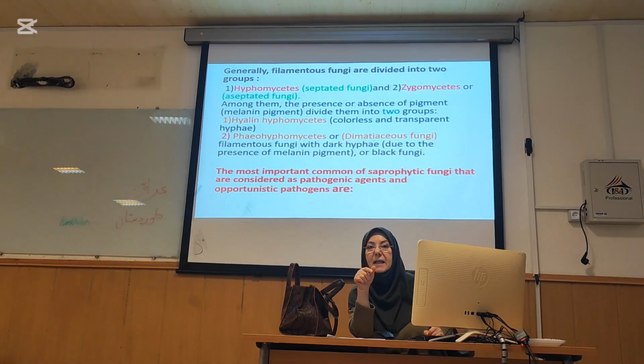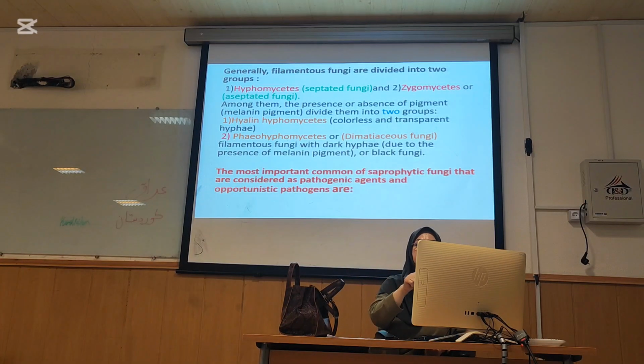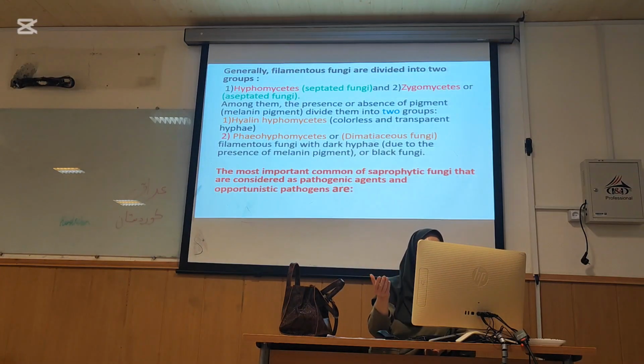Melanin in the cell wall causes these fungal elements to be seen under the microscope as dark fungi, brown or black in color, because this group of fungi has melanin in the cell wall.